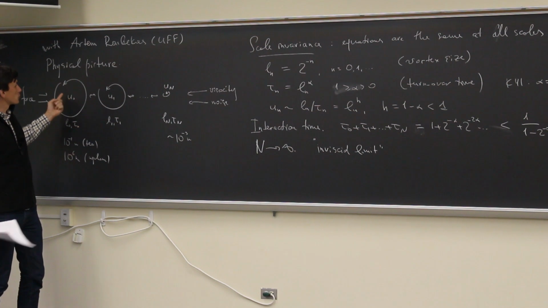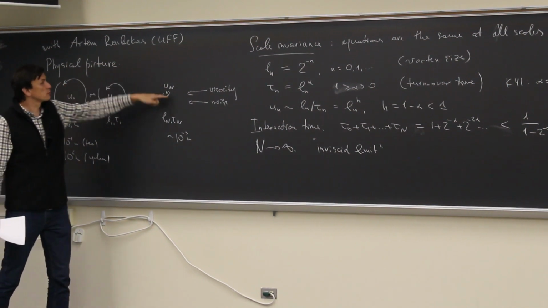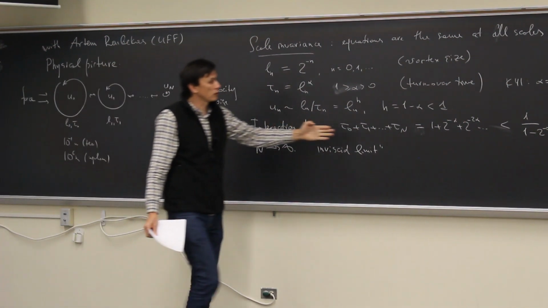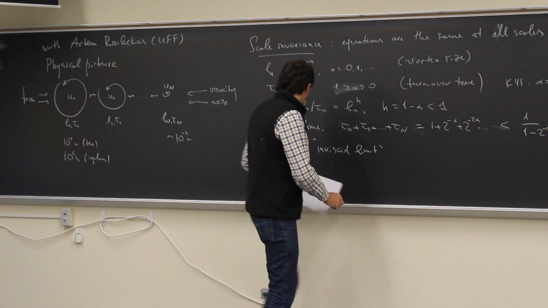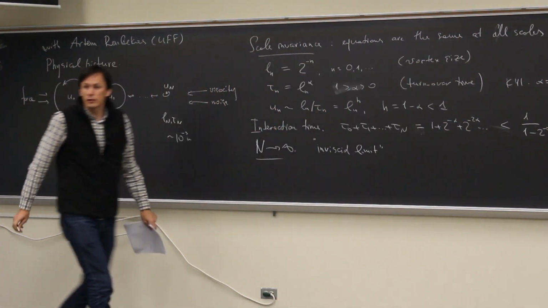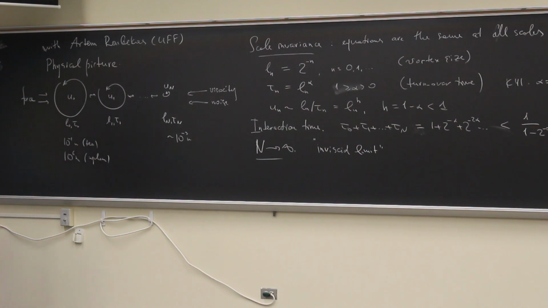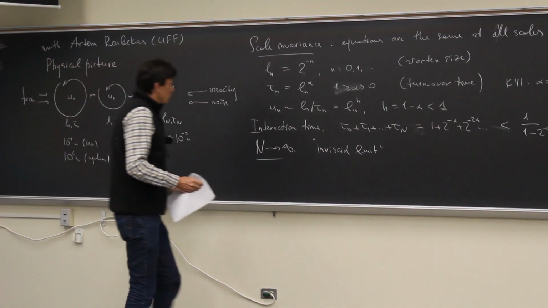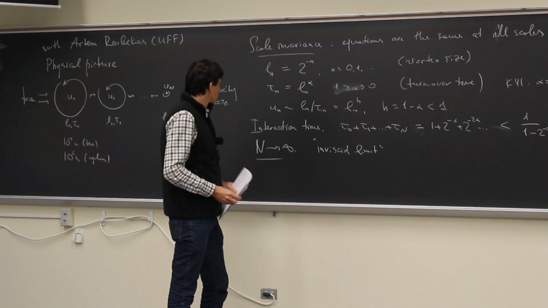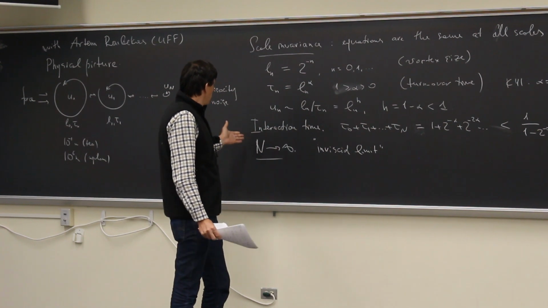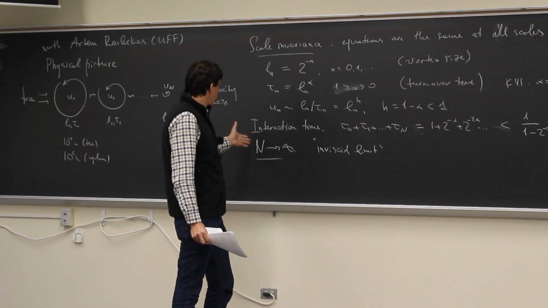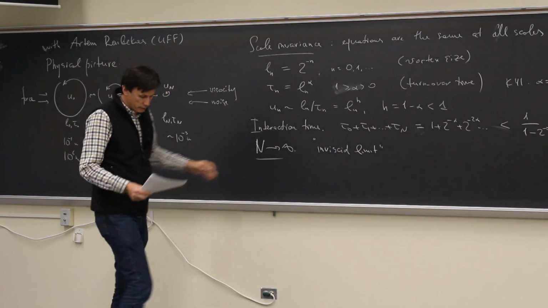But in principle, the interaction time to the smallest scales all goes to a constant. So it's very natural to think about this limit, and this is what we will try to understand: what is the object that we get in this limit.